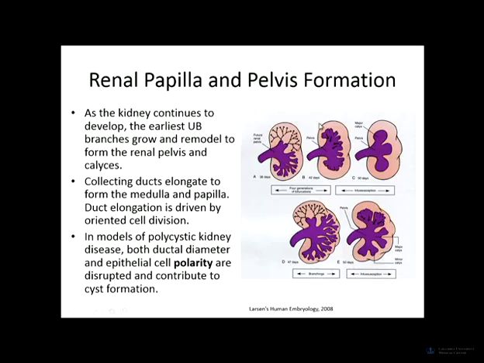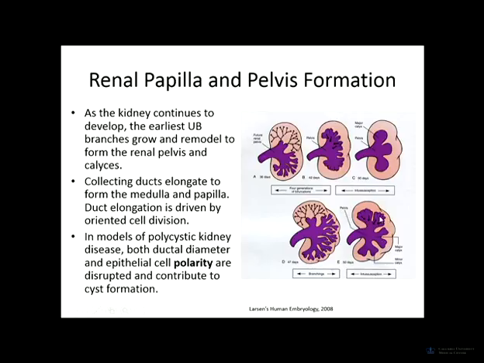The other thing that's occurring while this is now in purple, these are all the structures derived from the ureteric bud, and in pink, these are all the structures that are derived from the mesenchyme. So these purple ureteric structures divide and branch just like a tree.